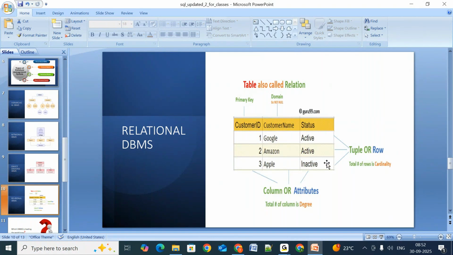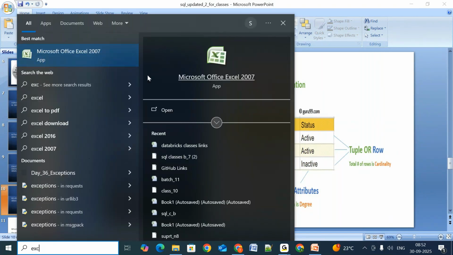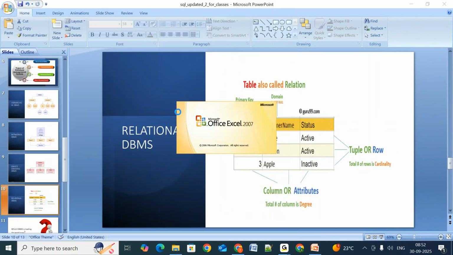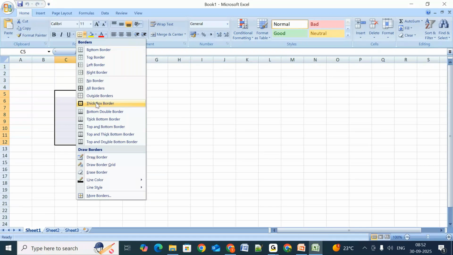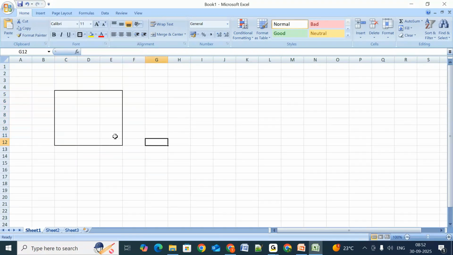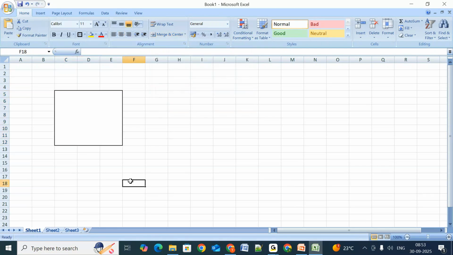Let me take one small example here. Now, do you think this is a table?